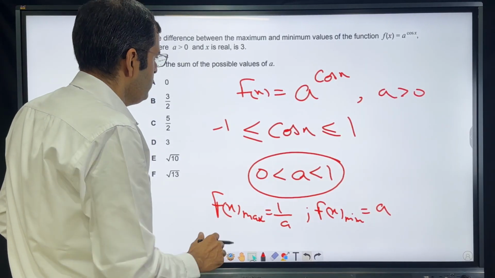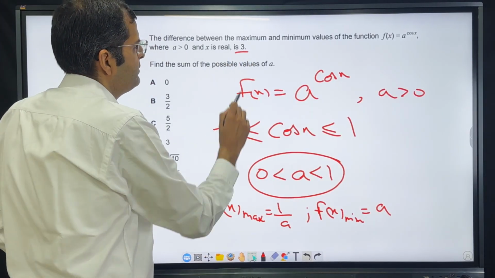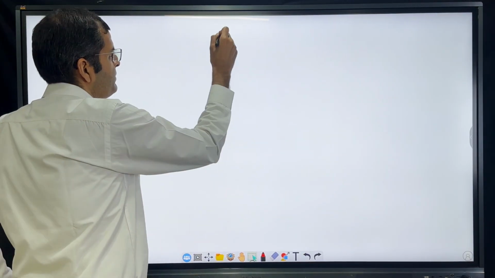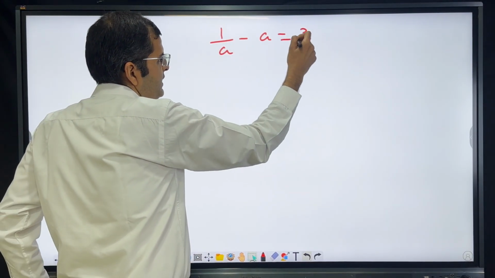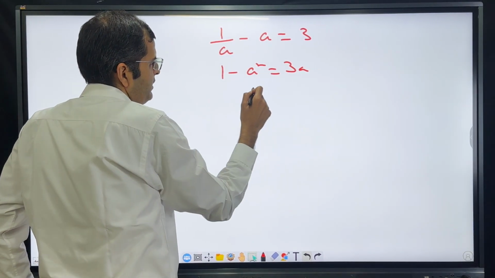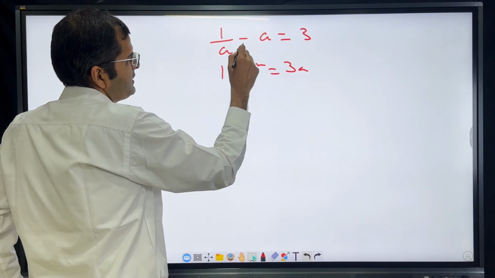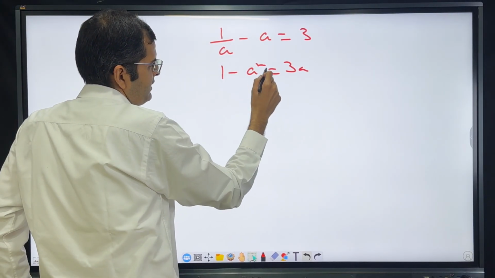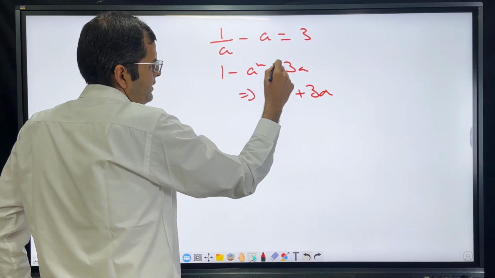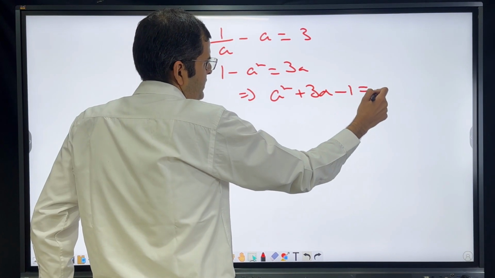Over here, the difference between them is 3. So maximum minus minimum, that means 1 upon a minus a is equal to 3. That means 1 minus a square is equal to 3a, or you will say that a square plus 3a minus 1 is equal to 0.